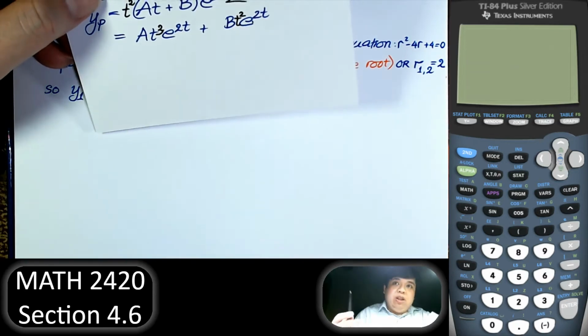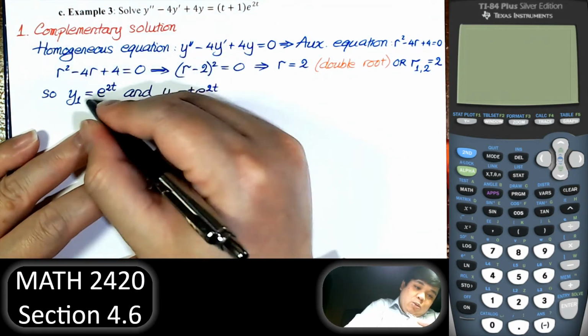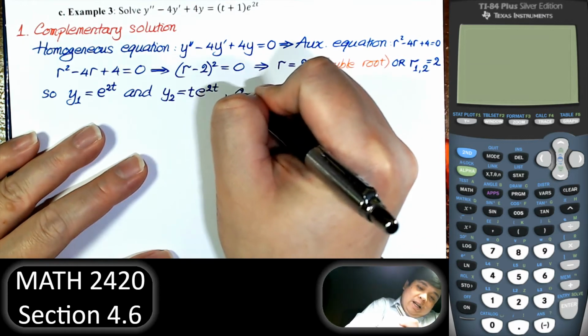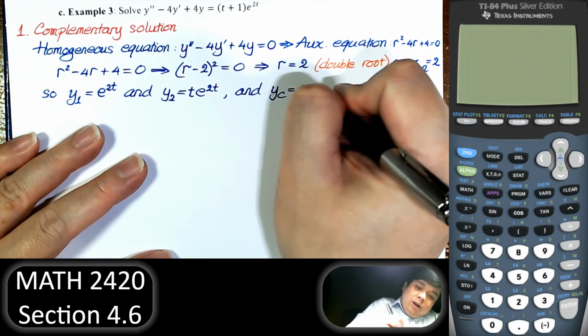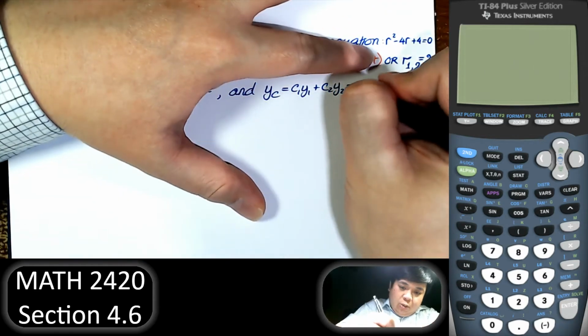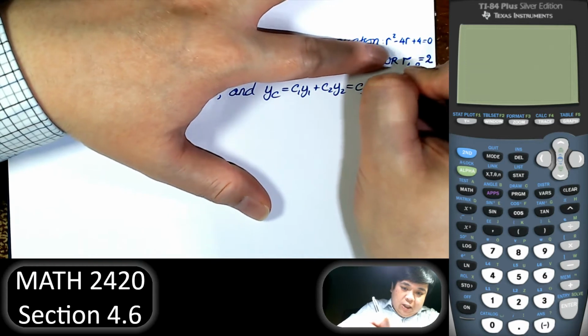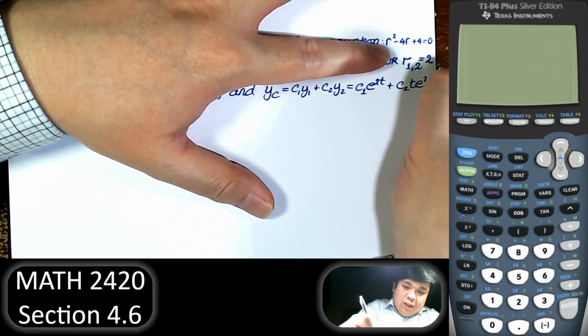We're just still using variation of parameters. Even if we can guess, variation of parameters still works. So y1 and y2 like that, and the complementary solution c1 y1 plus c2 y2, so c1 e to the 2t plus c2 t e to the 2t.